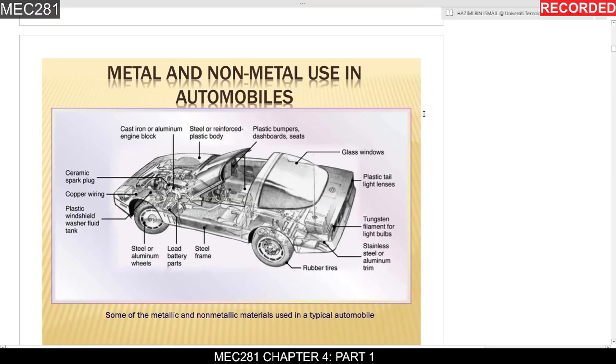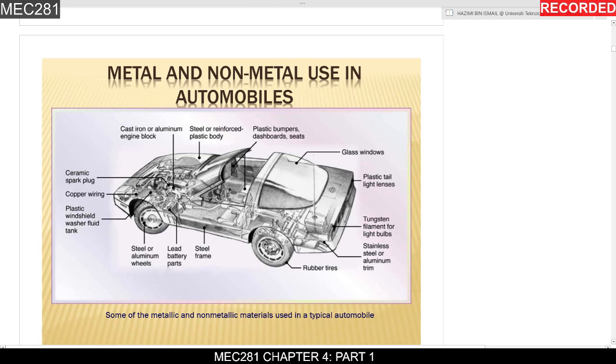Okay, like I said, as an engineer, you have to know the applications of the material science that we learn in MEC281, because in designing a product, such as a car in this picture, there are many parts of the car produced from different materials.